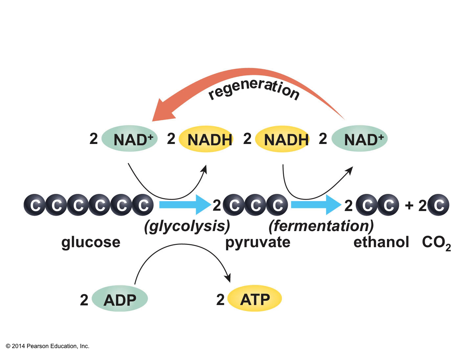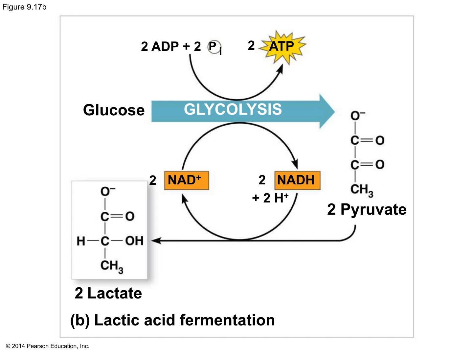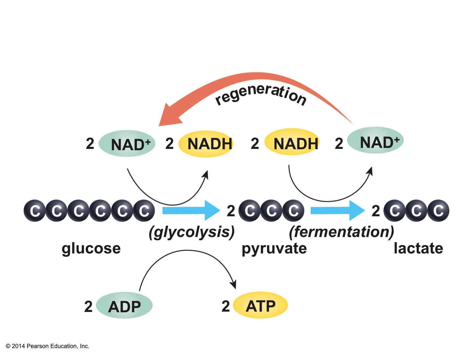This occurs not in us, but in other organisms like some bacteria. This fermentation that you see here does occur in the human body. Notice again, to begin with fermentation, we have 2 pyruvate, but we end up with 2 lactate.